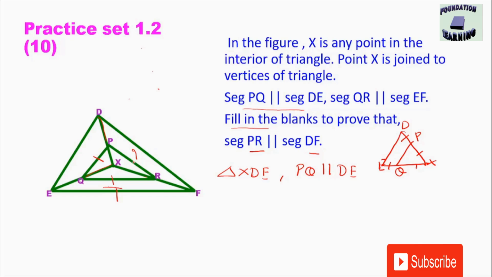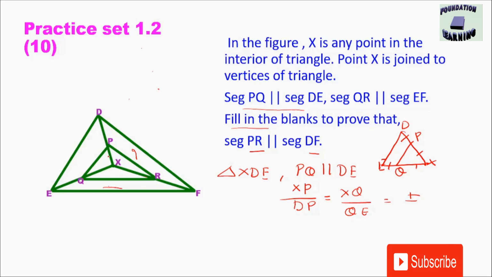So when PQ is parallel to DE, the sides which are proportional are DP is to PX and XQ is to QE. XP upon DP is equal to XQ upon QE. The first one. So we have it here.